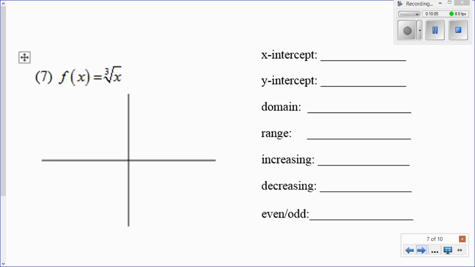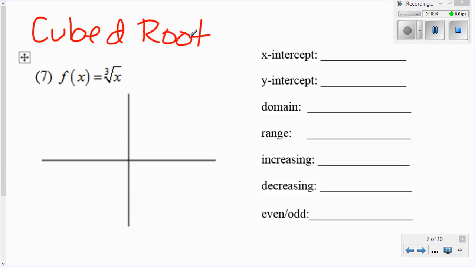Okay, now number 7. This is a cubed root function. We have the cubed root of x, so we would just call this a cubed root. Okay, so its graph is kind of interesting. It looks like this. All right, so again, it goes through the origin, which you're probably noticing a lot of these parent functions, their graphs go through the origin. So the x-intercept is 0, the y-intercept is 0.